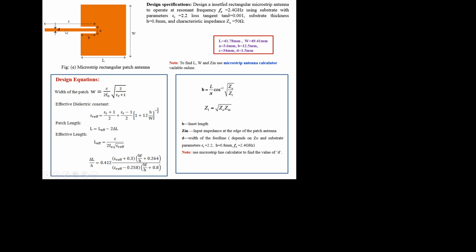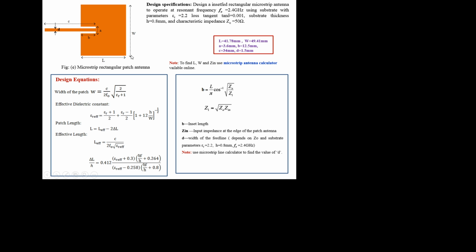Usually this feed line length should be approximately equal to, or greater than, lambda by 2. To accommodate the gap provided between the feed line and the structure, we have taken 3.6 mm.